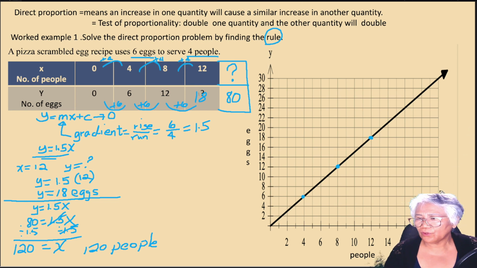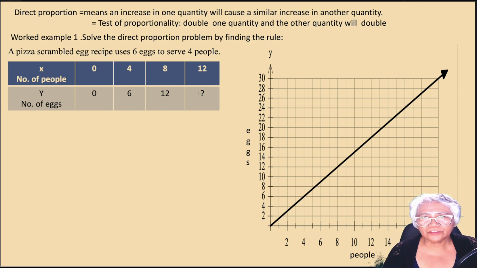So if you have 20 people, you need 30 eggs. And if you extend this coordinate plane, then you will be having the answer for this. So it will lie on the straight line.